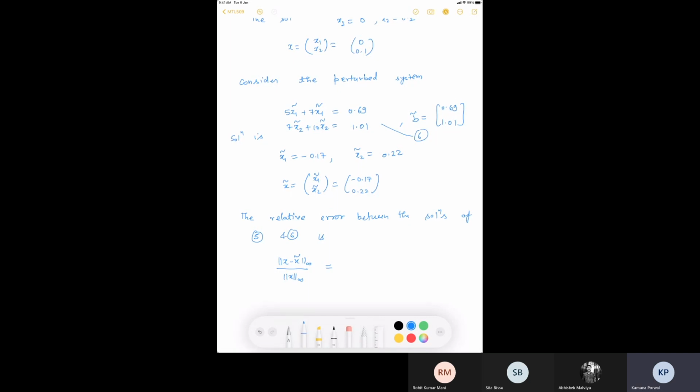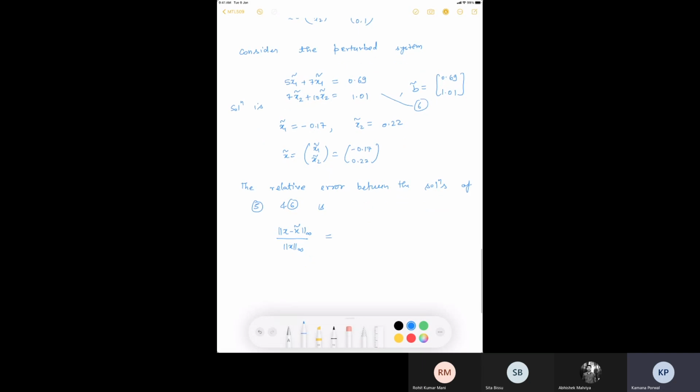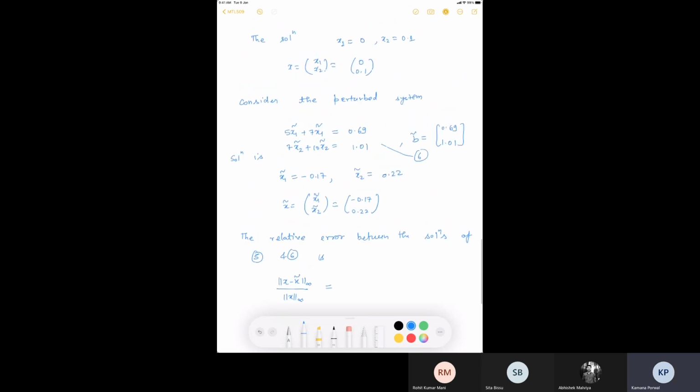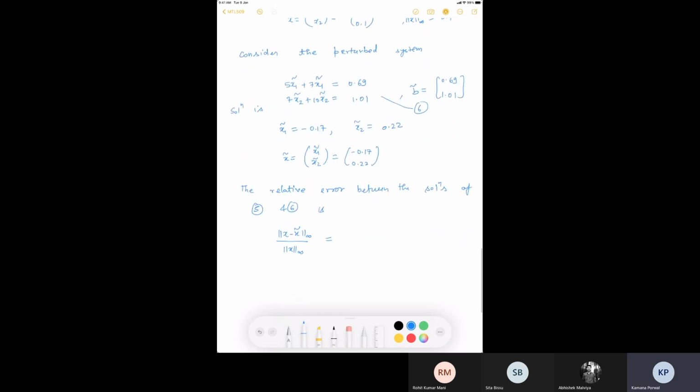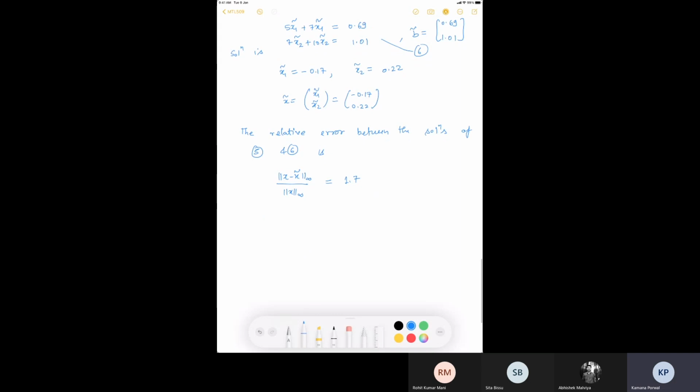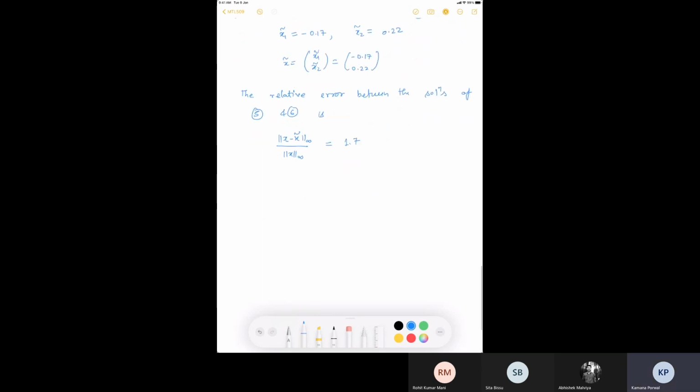You have to take the maximum of both, and then divide by the norm of x. The norm of x is going to be 0.1, right? And the norm of x minus x tilde is 0.17, and you divide by 0.1, so you'll get 1.7. Okay. Now, let's also observe the relative error in the right-hand side vector.